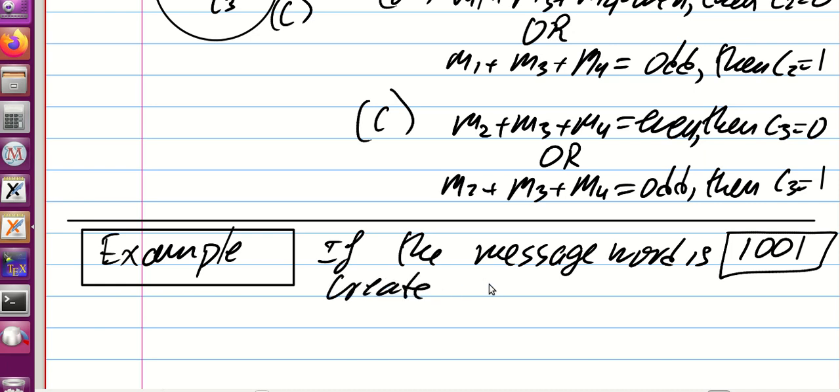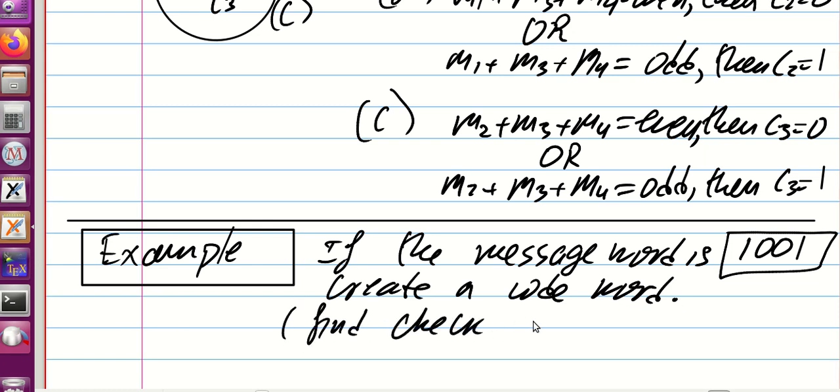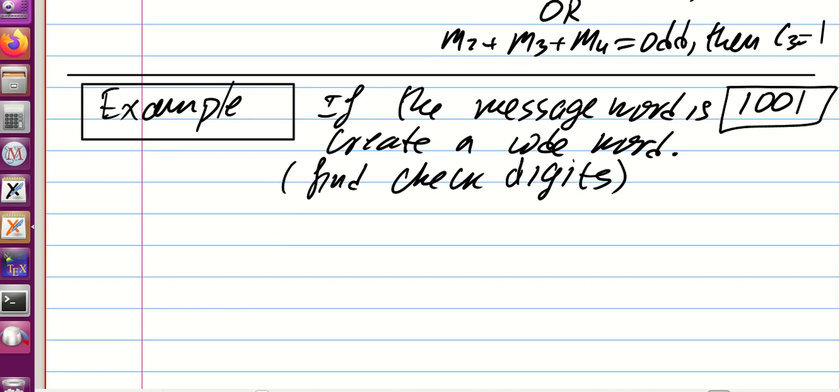In other words, come up with check digits, right? So find check digits. We have to find check digits. So let's do this out. So we write it out.